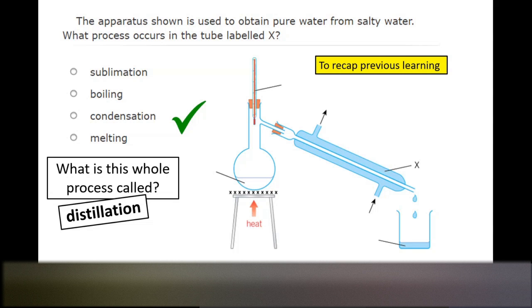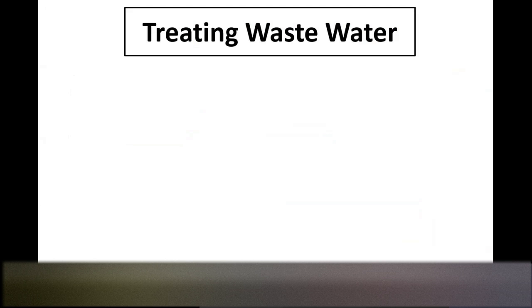Okay, so we have now recapped what we've looked at previously, and what we're going to look at now is the next topic, which is treating wastewater. When we've been talking about treating water before, we've been talking about water sources such as reservoirs, lakes, rivers, and we also talked about countries where they don't have those and would have to use seawater.